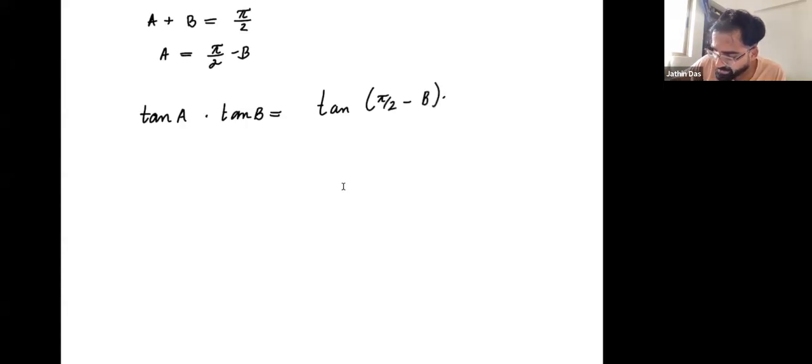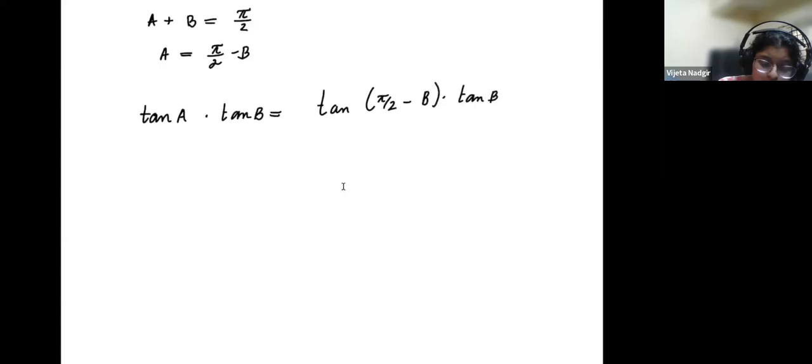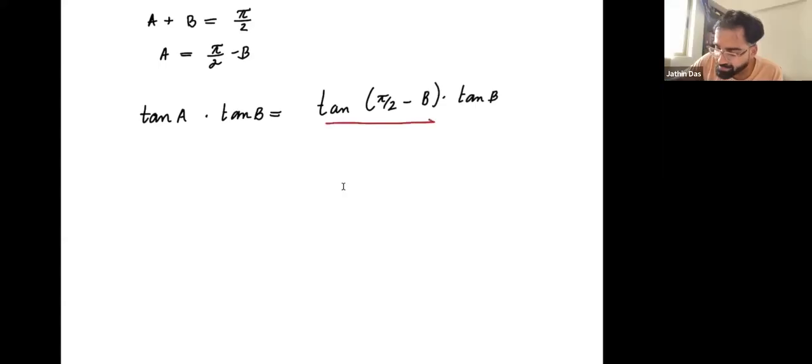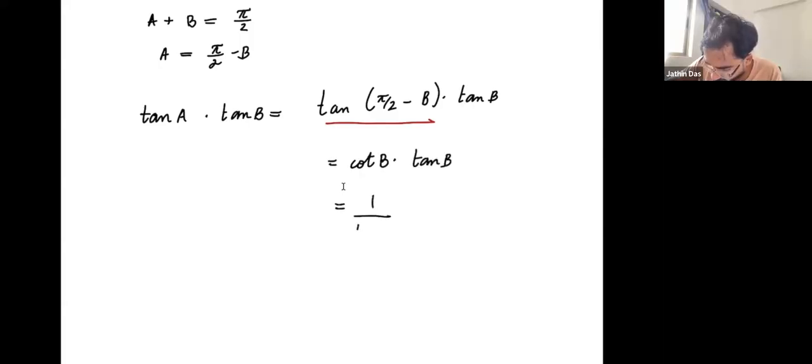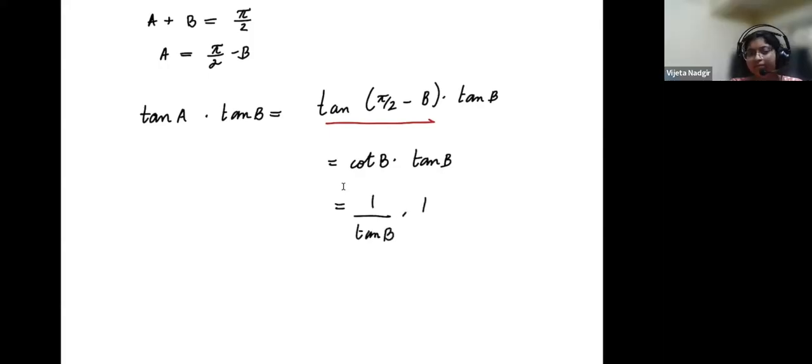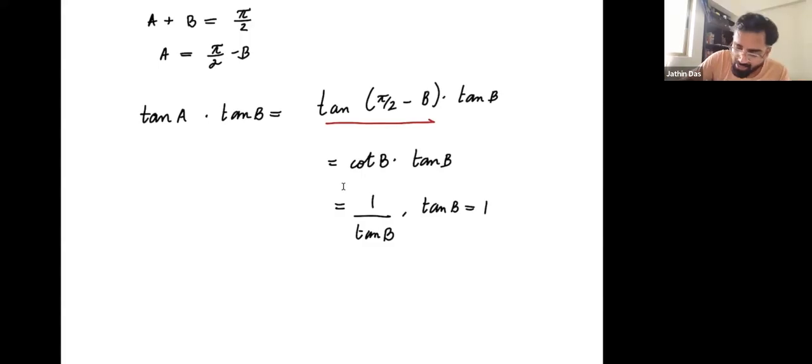If I take tan A into tan B, I can also write it as, tan A ke badle I can write tan of 90 minus B. Now, by reduction formula, you know tan 90 minus B is cot B. And cot is 1 by tan. So 1. So if the angles are complementary, then tan A tan B is 1.